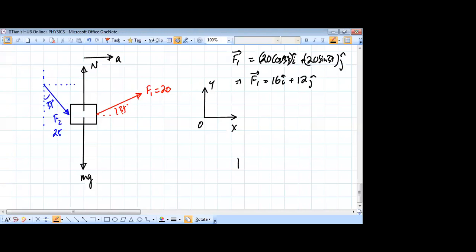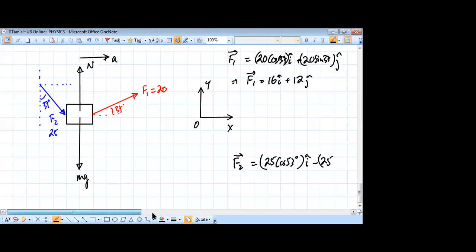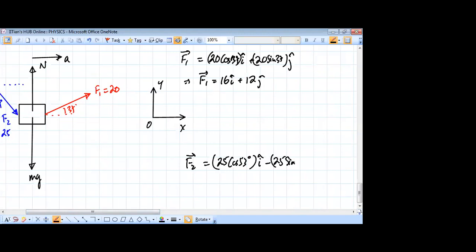Whereas F2 on the other hand will become 25 cos 53 i cap minus 25 sin 53 j cap.